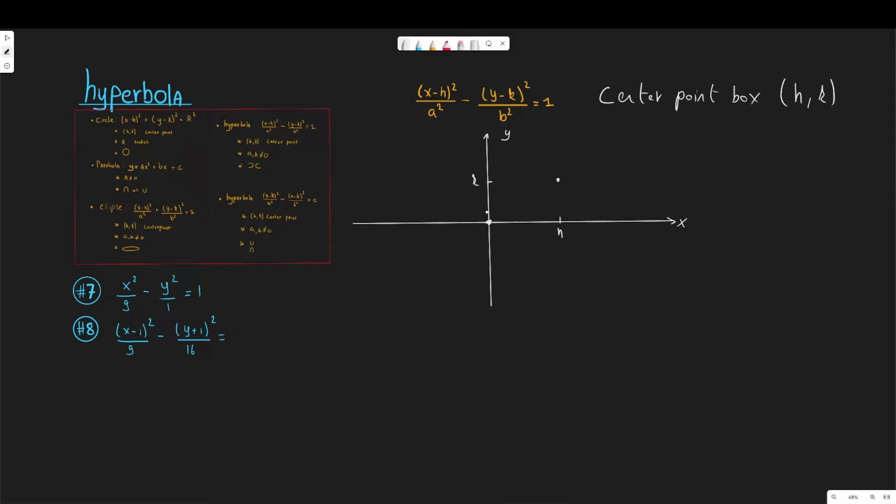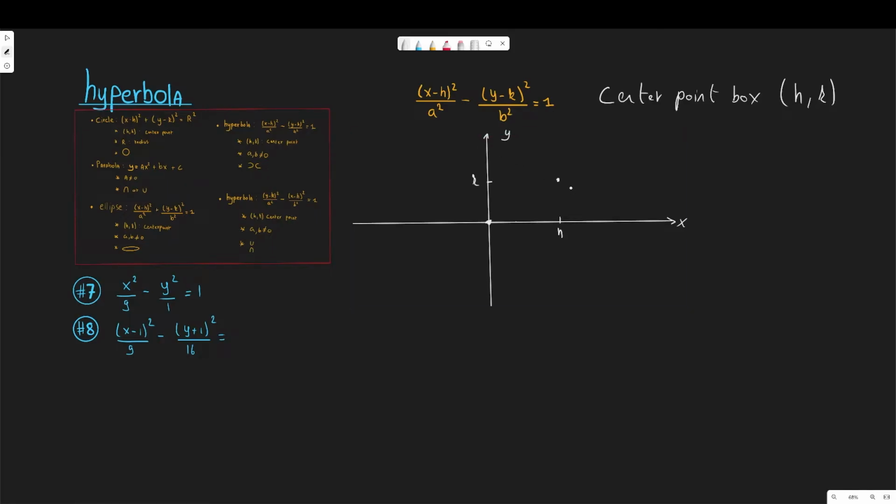Well, in order to draw a box, we'll need to know the length of the sides. So there are two coefficients that will tell us what those sides are. First, we have the a coefficient right over here, and because the a coefficient is underneath the x, it will tell us something more about the length of our box in the x direction.